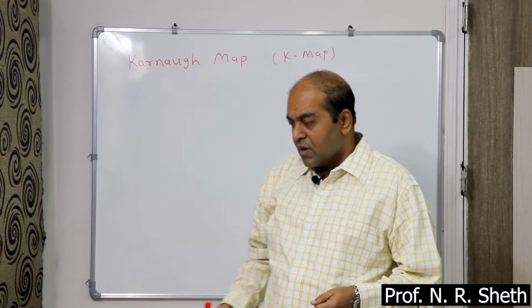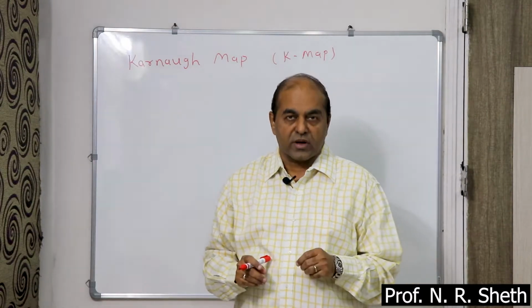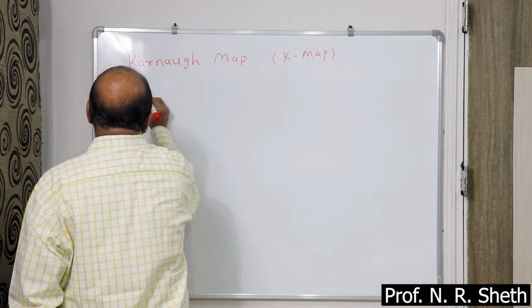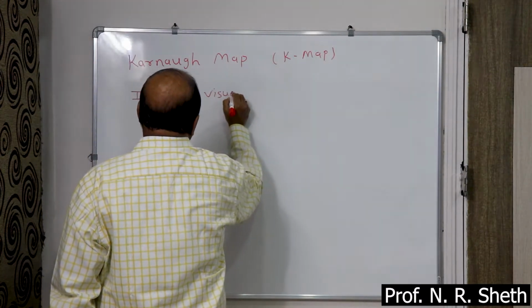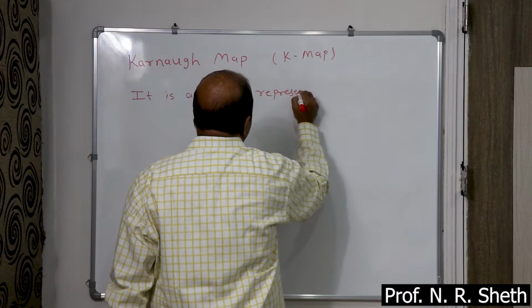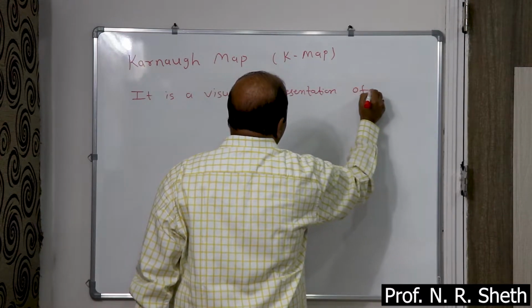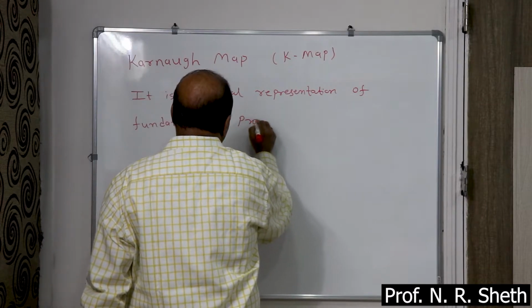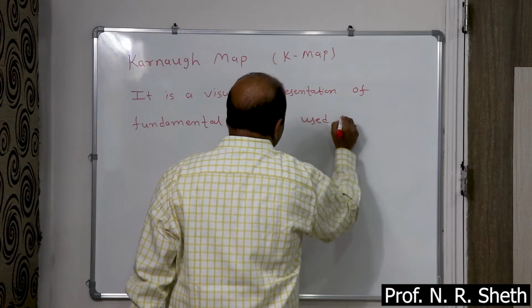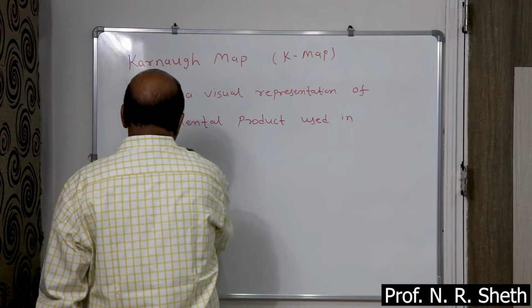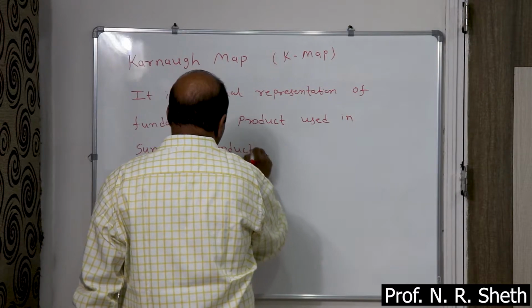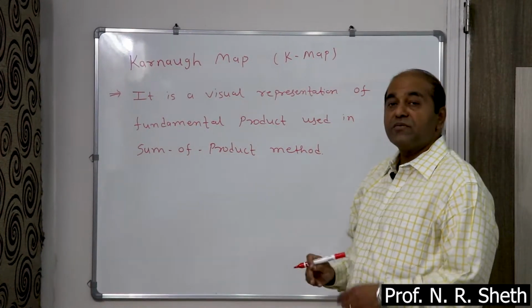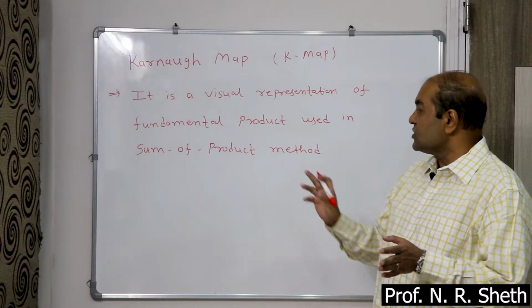Basically, K-map is a visual representation of fundamental products that is used in the sum of product method.